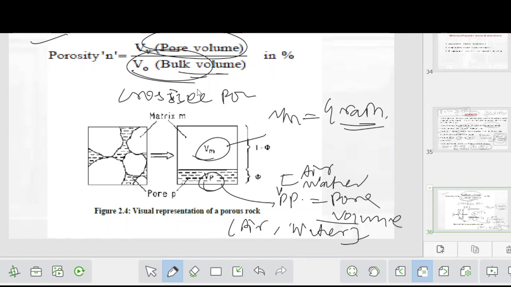Are you getting my point? If the porosity is 5, then the matrix fraction will be 1 minus 5. Clear?